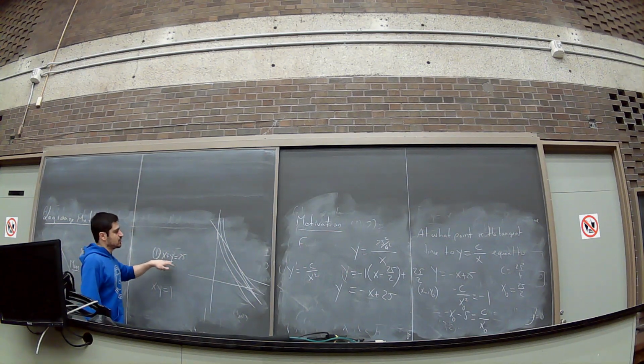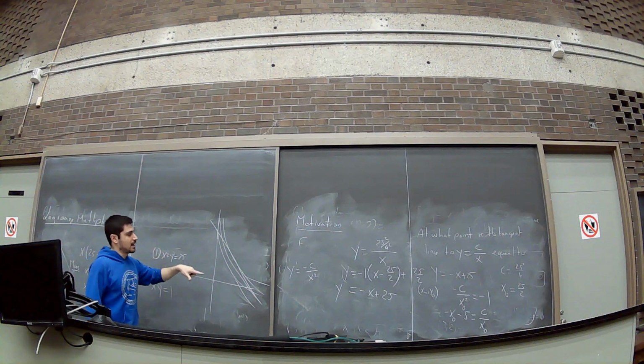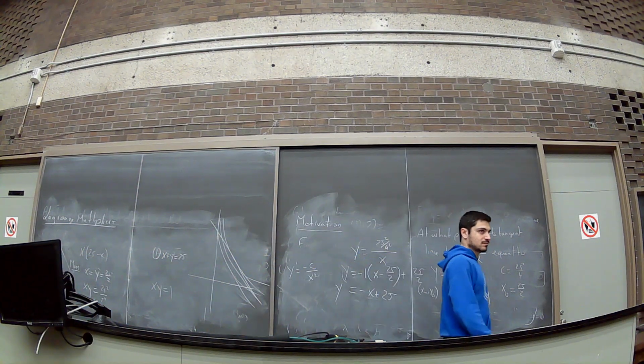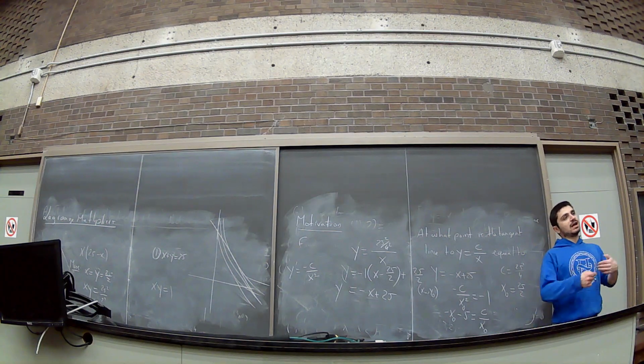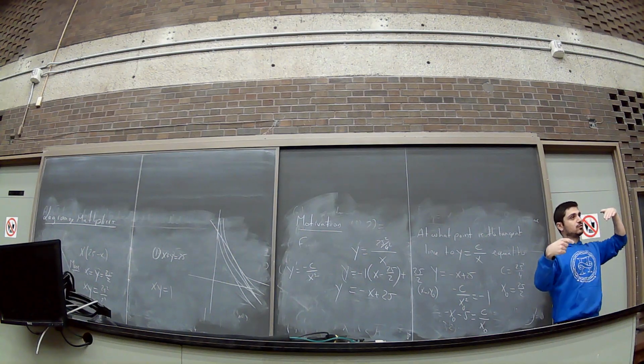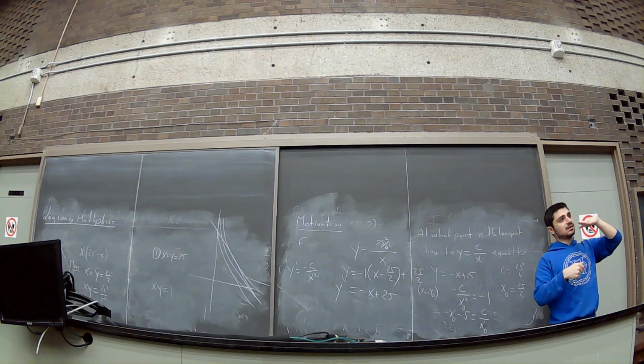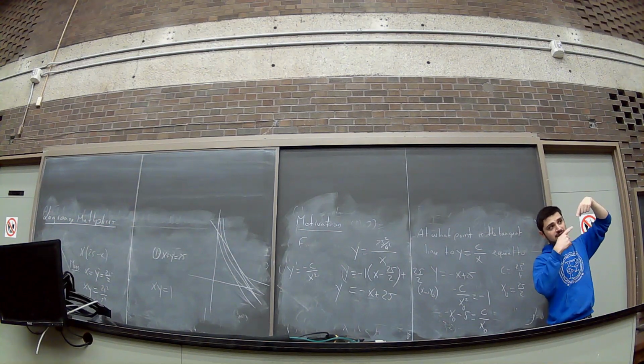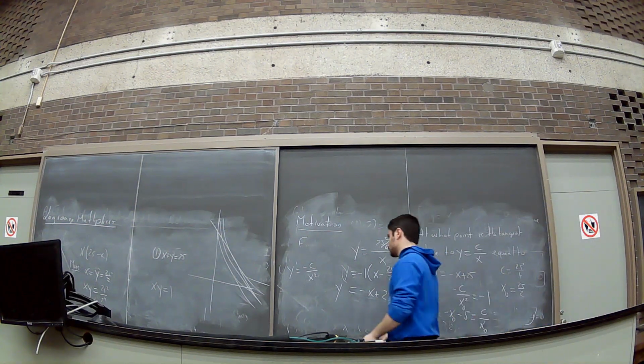Really what I need here is that the curve and xy equals c, for example, have the same tangent. And if they have the same tangent, what does it mean? Their gradients are parallel, right? If two curves have the same tangent line, then the normal vectors are parallel.